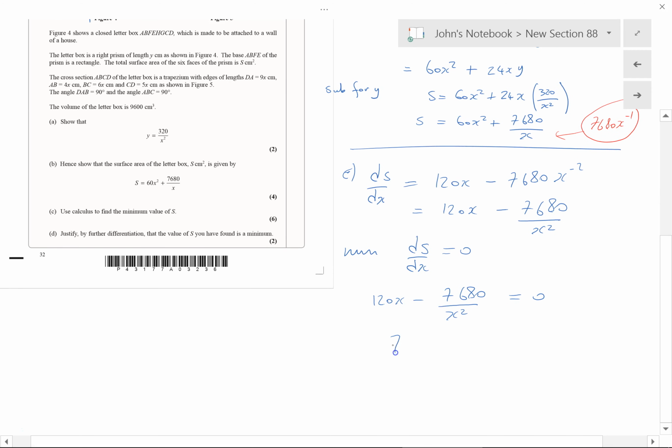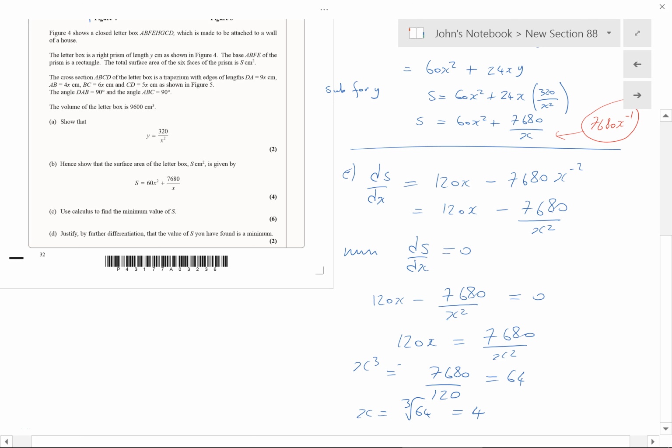So that gives me, oh sorry, I did it the wrong way around, 120x is equal to 7680 over x squared, which gives me x cubed is equal to 7680 over 120, which is equal to 64. So that means that x is equal to the cube root of 64, which is equal to 4.